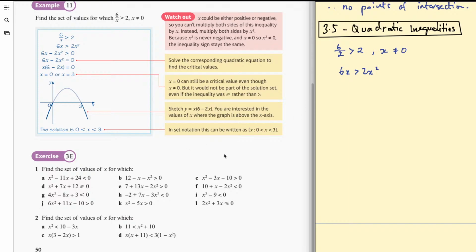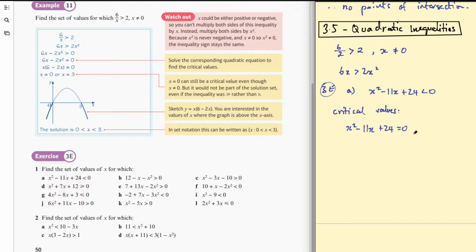All right, let's do a couple of these early questions. So for exercise 3E, let's just do A and B. So we've got x squared take 11x plus 24 greater than 0. Usually the way that I write these is I say the critical values are given when x squared take 11x plus 24 is equal to 0.